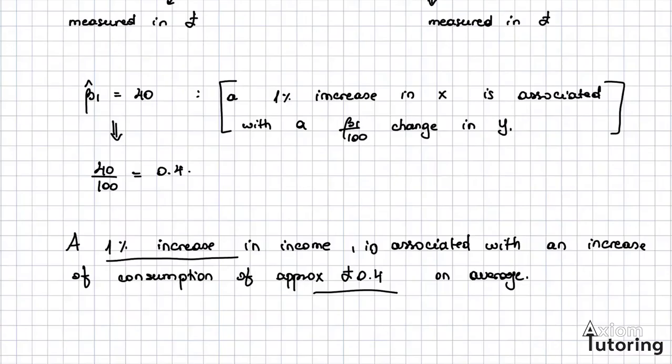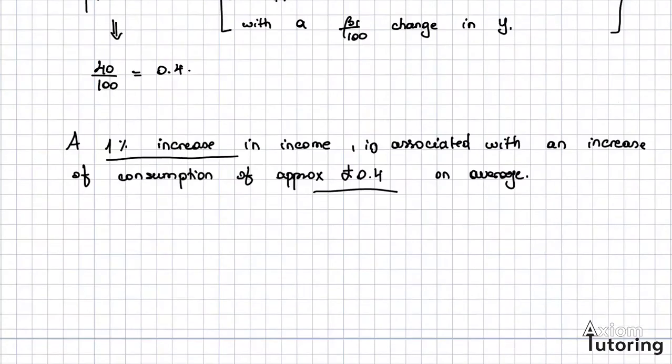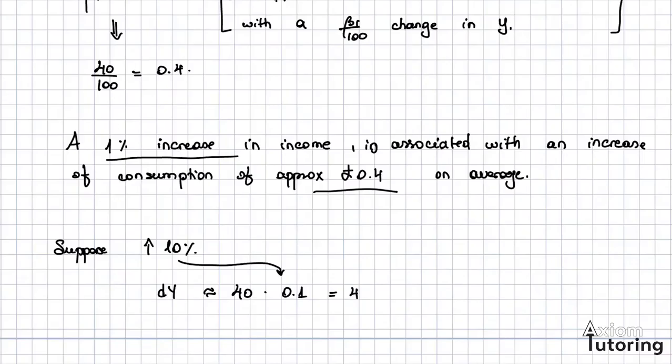That's the structure. Now, suppose that income increases by 10%. In this case, your change in Y is going to be approximately 40, the beta one that you had, times 0.1, which is the 10% here, and that is 4.